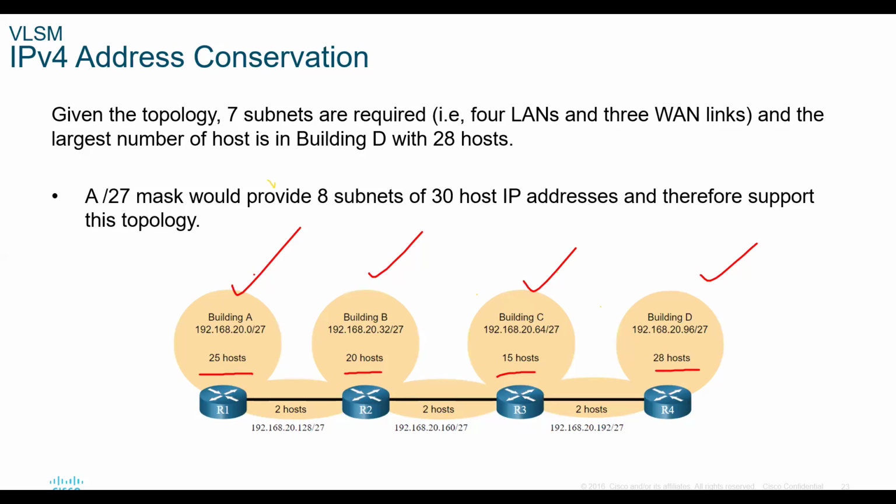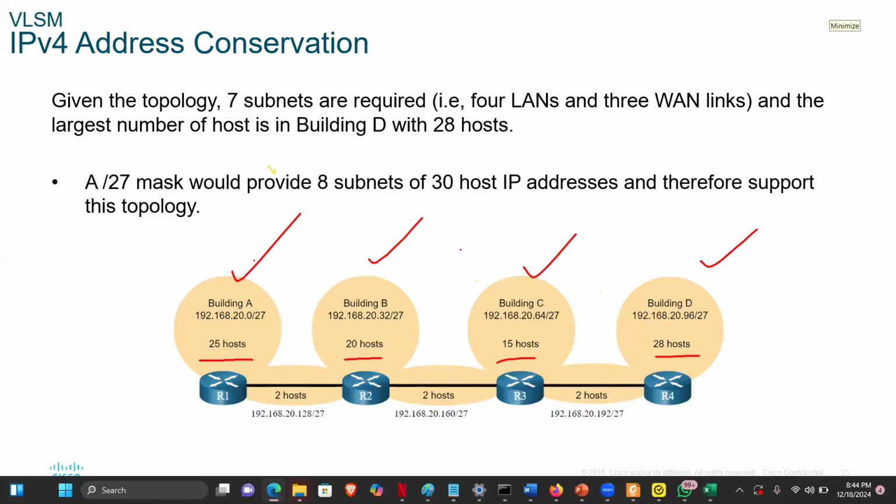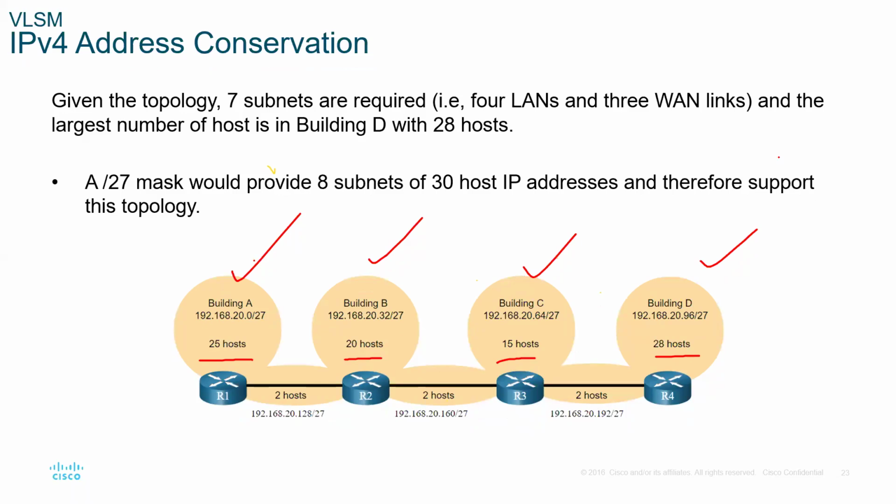Okay, but here in VLSM, you don't need to look at that particular boundary. You can have maybe a /26, /27, /28, anything that you want, and it will serve you what you need. All right. So if you look at this example that we are talking about, it's saying that a /27 mask will provide 8 subnets of 30 hosts each.